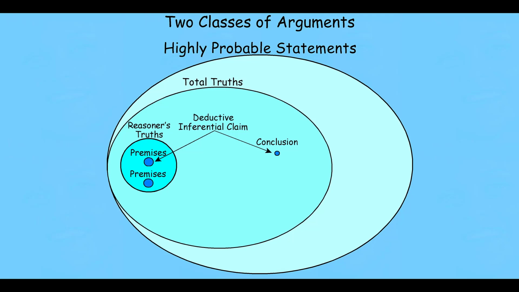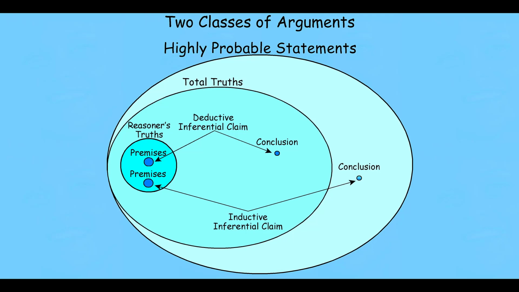Again, we have a set of statements that are given as premises in the argument. If the reasoner accepts these premises as true, the argument makes the claim that the conclusion will be highly probable given the truth of those initial statements.